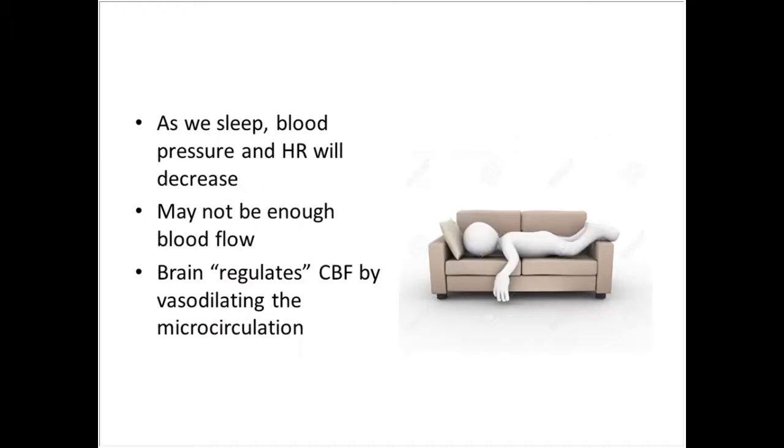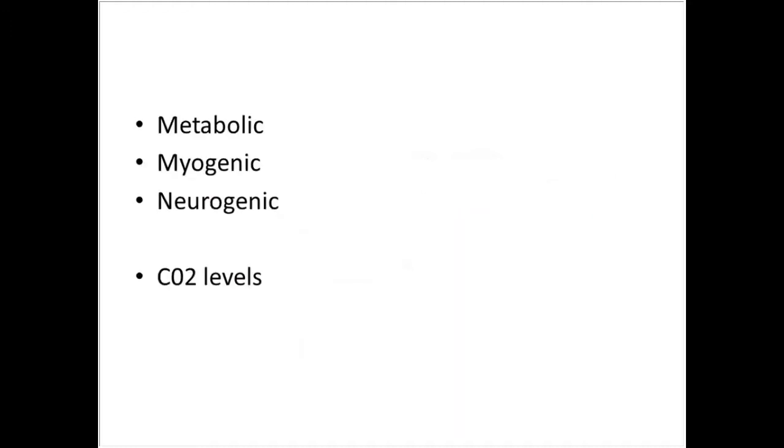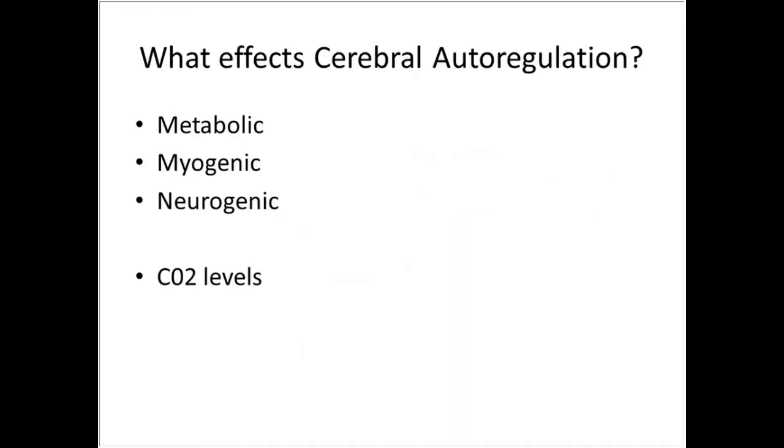And conversely, as we sleep, blood pressure and heart rate will decrease. And the brain says, well, I may not be getting enough blood flow. And so again, the brain will regulate by vasodilating the microcirculation.